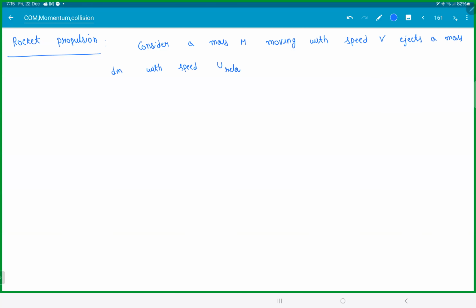I hope you know the meaning of u relative. It's the speed with respect to the new velocity, not the old velocity. So let's say we have a body of mass m here, going at velocity v, and also assume there's an external force.